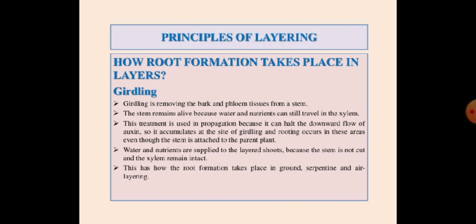Due to the presence of xylem, water and nutrients travel within the plant. The treatment is used in propagation because it blocks the downward flow of auxin, so it accumulates, and rooting occurs in these areas even though the stem is attached to the parent plant. Water and nutrients are supplied to the layered shoots.